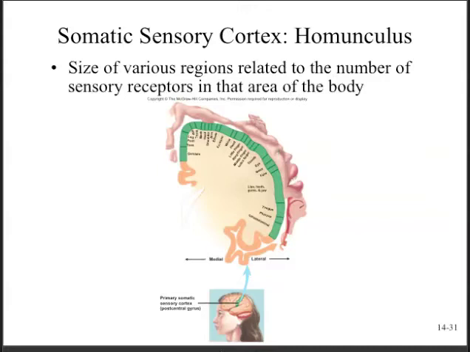As a result, there's less area in the somatosensory cortex dedicated to these particular regions. Now, this map isn't hard and fast. There's considerable overlap in the somatosensory cortex, but we know most of this information from animal models and also from individuals who've had damage to the brain in those particular regions.